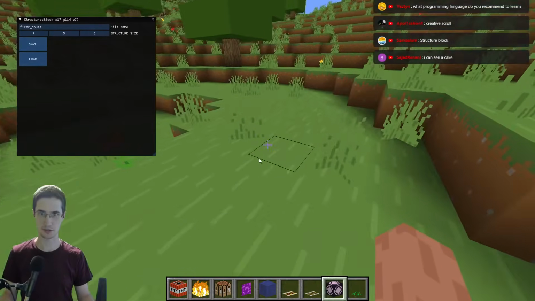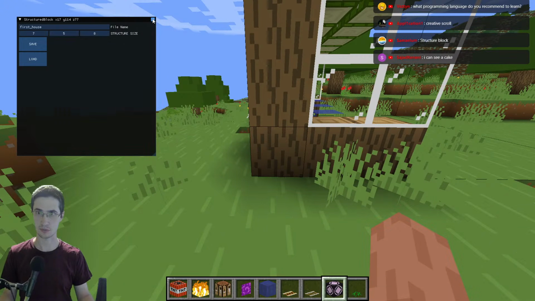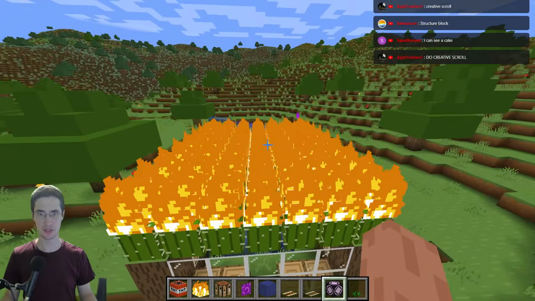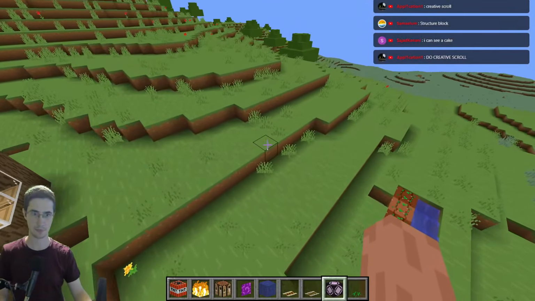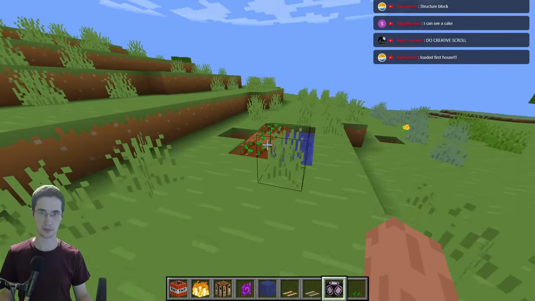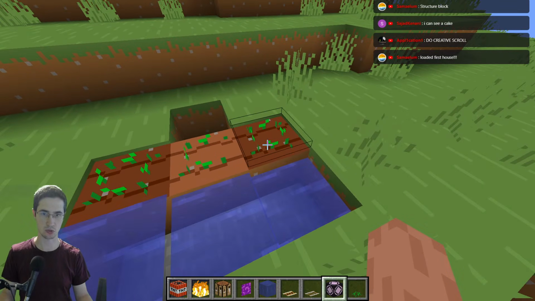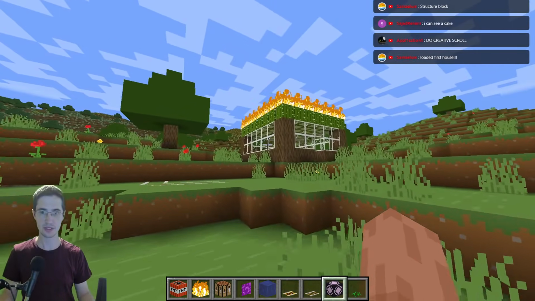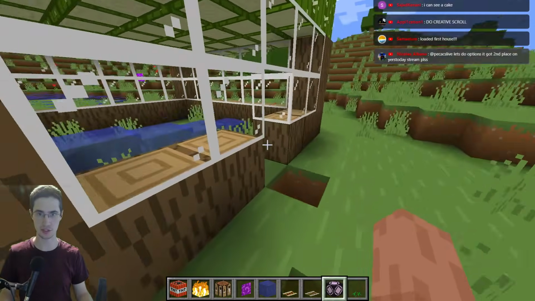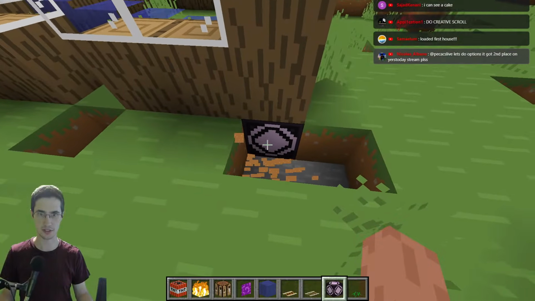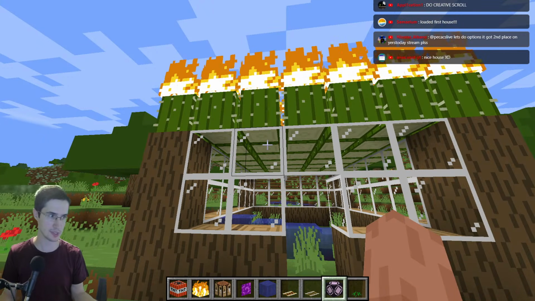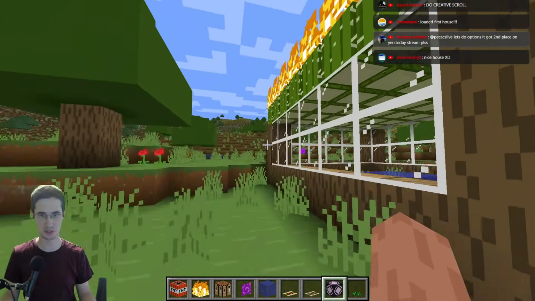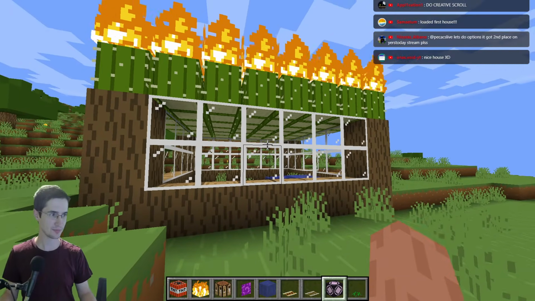This is the first house, from the structure block. And here we saw the farmland is now wet farmland, so the wheat can now start growing. But this is the structure block. It managed to load one of our structures, and this structure is our first house, chat. This is the profile picture of the Discord.